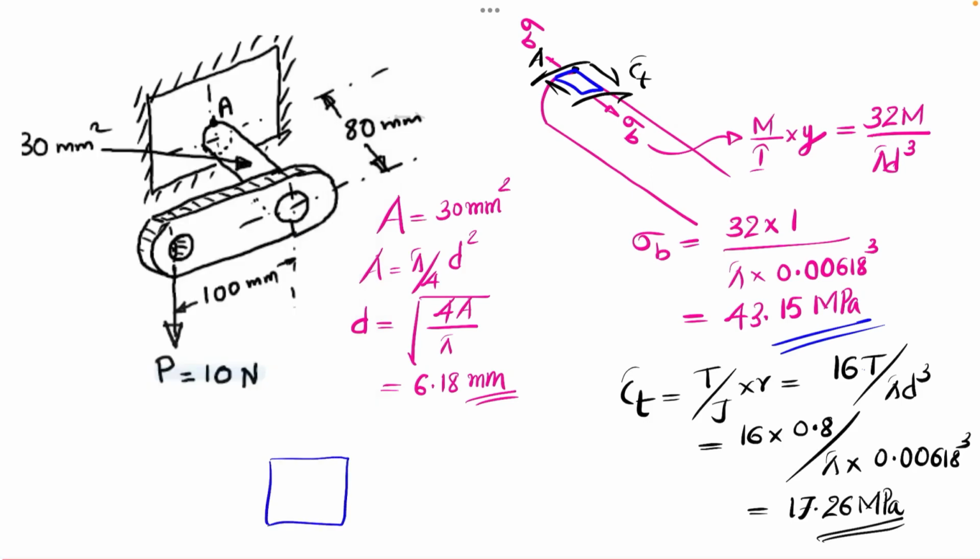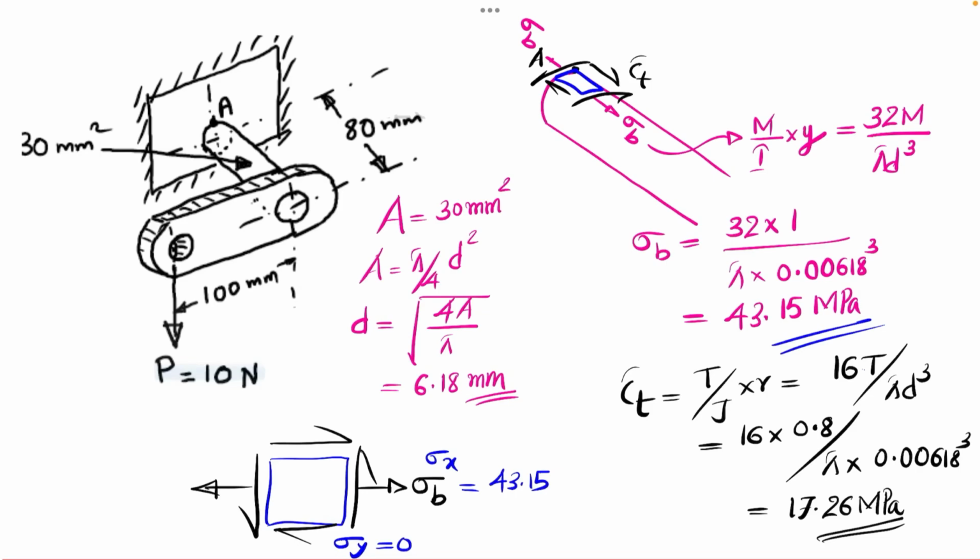If I am redrawing the element and the state of stress, we have this sigma bending, which is the normal stress in the x direction, and the shear stress, that is the in-plane shear stress. Here sigma x is due to the bending, which is 43.15 megapascal, and there is no normal stress in the y direction, so sigma y is equal to 0, and tau xy is due to the torsional shear, which is 17.26 megapascal.